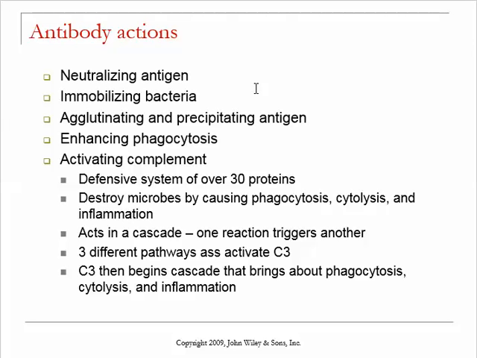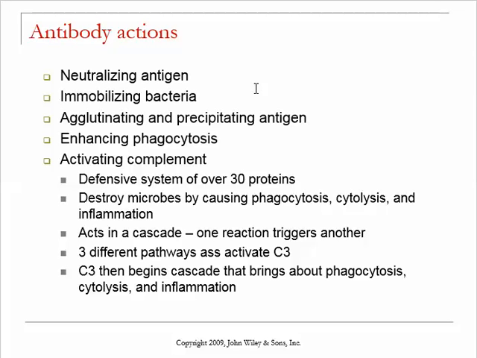Opsonization literally means to make tasty. It means that the phagocytes will grab hold of it easier. They cause cytolysis, which is basically poking holes in the microbe so that the endoplasm of the microbe leaks out and the microbe dies, or at least is wounded.